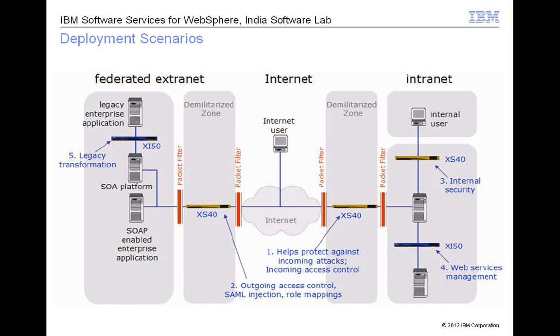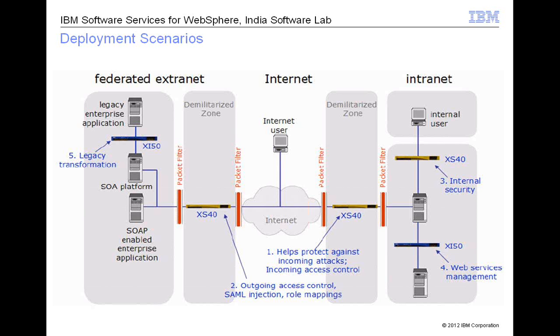This is where DataPower allows you to transform not only the protocol from HTTP to MQ, but also your data format from XML to COBOL copybook, which is a fixed length format. That can be done inside DataPower, so you can provide legacy transformation using DataPower.